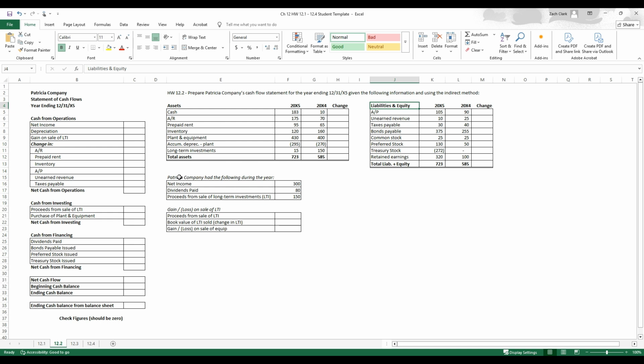We have this company, and it tells us some information about net income, dividends paid, and proceeds from the sale of long-term investments, LTI. So if you see LTI, that's long-term investments.